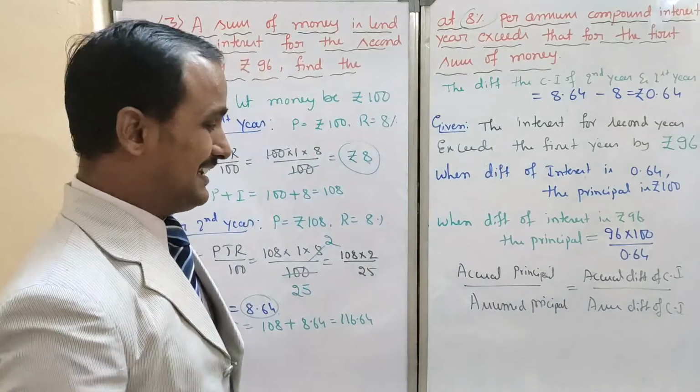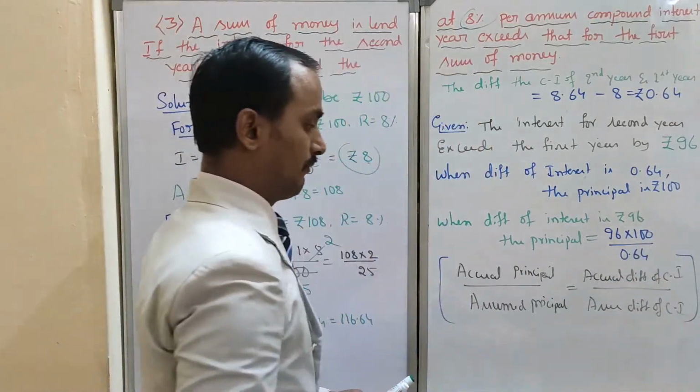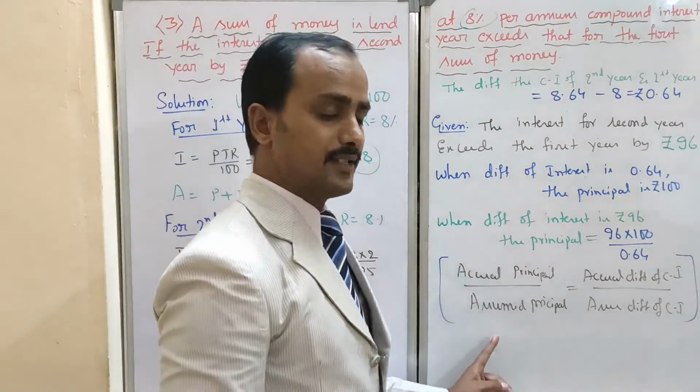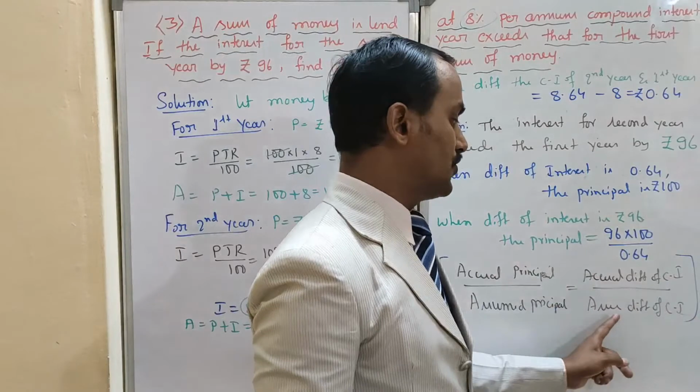Look here, this is a very important note point. If you want, write it down in the right side of your notebook. Actual principal by assumed principal is equal to actual difference of compound interest by assumed difference of compound interest.